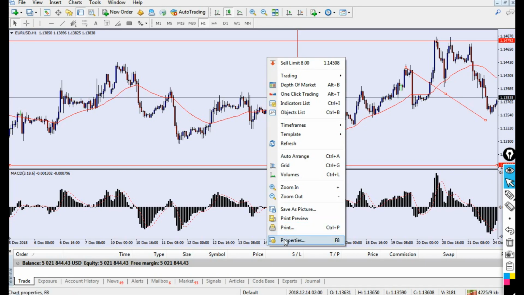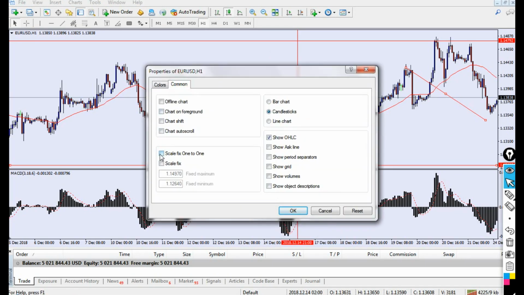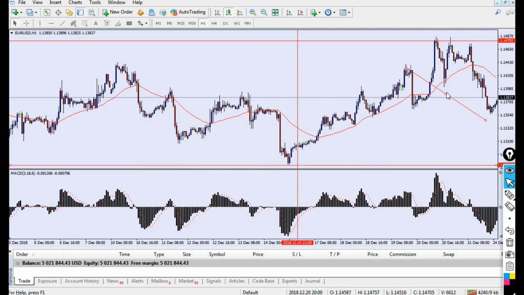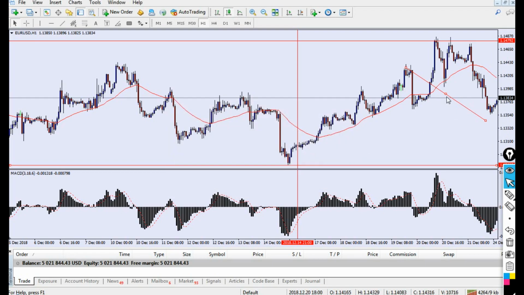If you go to properties and go to this common, you did not check this. If you don't check this, then you need to reset this amount. Go to properties again and check there is the angle, and then set it again to 33.6, and you will see a little movement in it. Okay, now it's set.